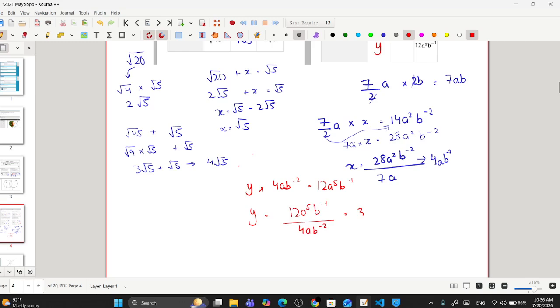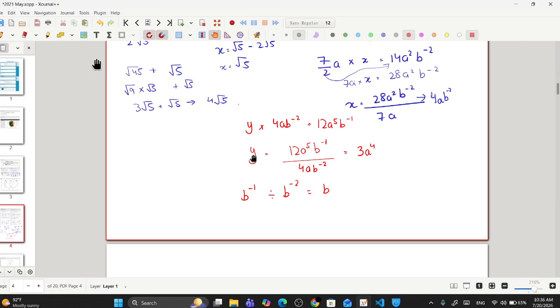A raised to the power of 5 divided by a gives us the value of a raised to the power of 4. b raised to the power of negative 1 divided by b raised to the power of negative 2 gives us the answer of b raised to the power of... well, here we go. Because we have a division sign in between, what happens to the values?